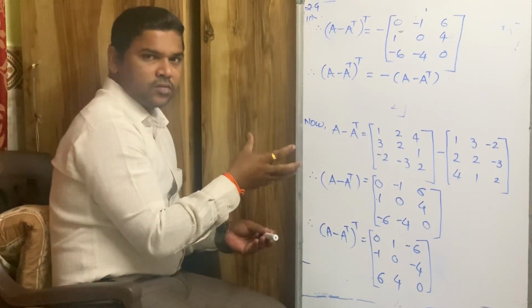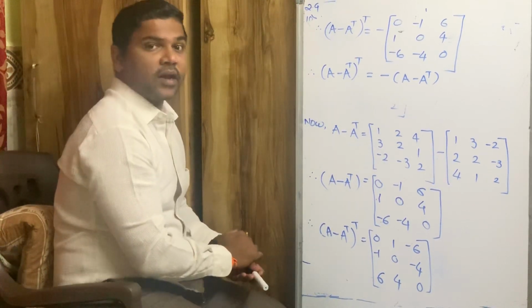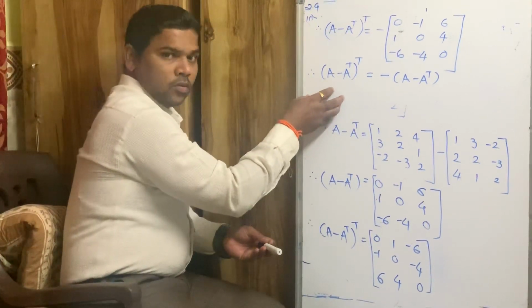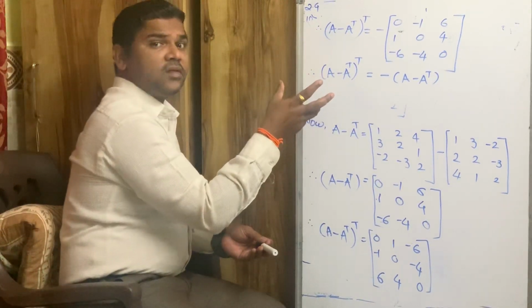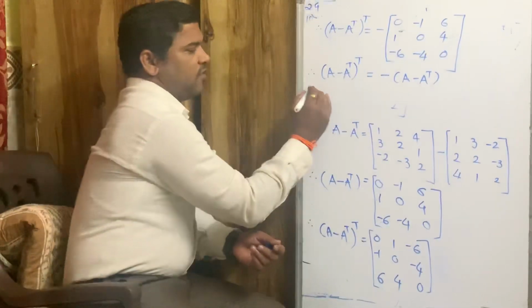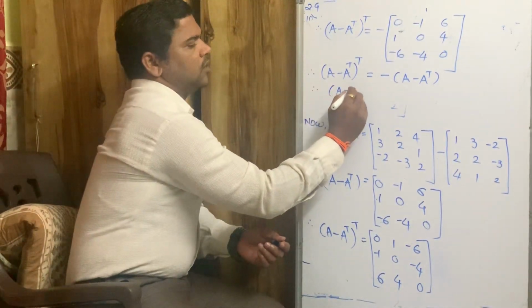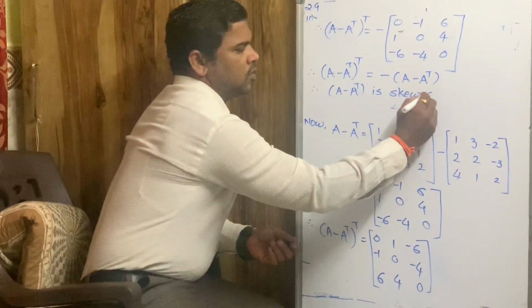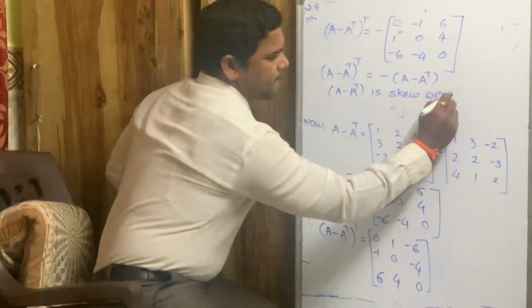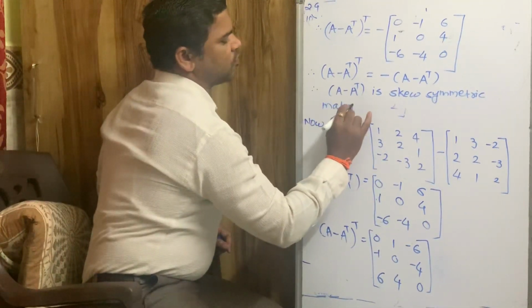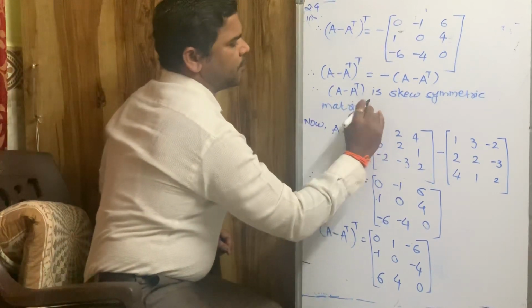When this happens, you can call it a skew symmetric matrix. मतलब matrix और उसका transpose, they are same but opposite in sign. तब ये क्या होता है? Skew symmetric matrix. So therefore A minus A transpose is a skew symmetric matrix, hence proved.